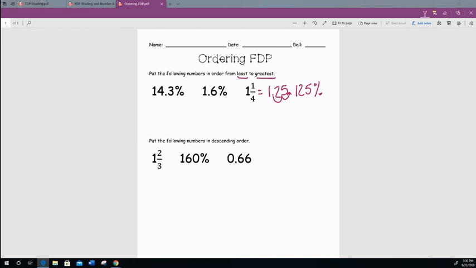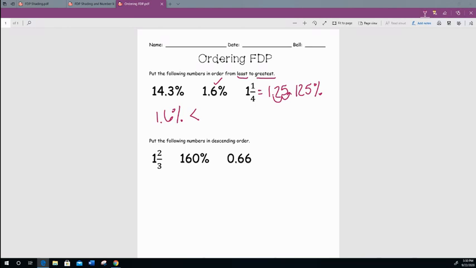it should be a lot easier for us to put it in order from least to greatest. Looking at this, the smallest number would be this 1.6%. It's very small. If this was a grade, that would be extremely sad. I'm going to use a less than sign to show that we're ordering from least to greatest. So that's taken care of. Now we've got 14.3% compared to 125%.